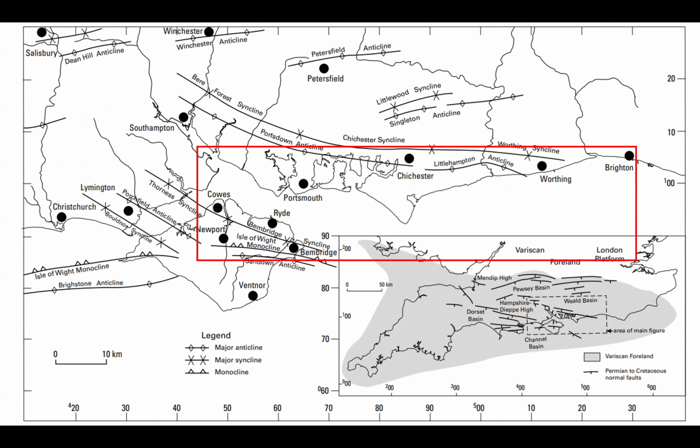But broadly, the Sussex coastal plain is within that red box, or the western part of it is Hampshire, but it's the same geomorphological feature. It's kind of on the edge of the Hampshire Basin. It's bounded to the north by a couple of anticlines and then a syncline. And then to the south, you've got the unbelievable complexity that is the Isle of Wight.